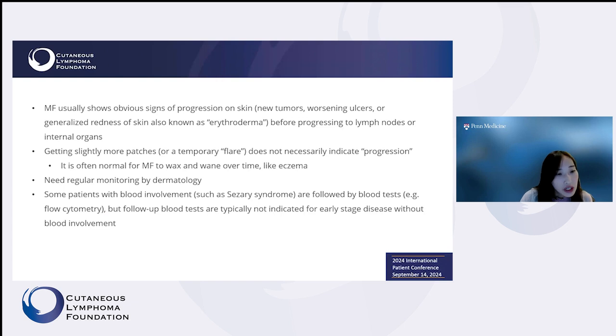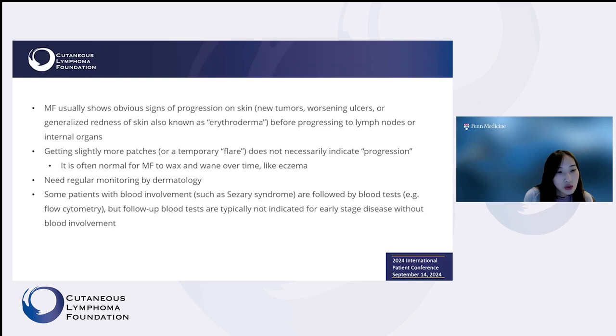Sometimes patients can get some more patches or a temporary flare, but this does not necessarily mean it's progressing. MF can actually wax and wane over time, similar to eczema or psoriasis. So you need to be regularly monitored by dermatology, who can say, yes, this is progressing, or no, this is okay.